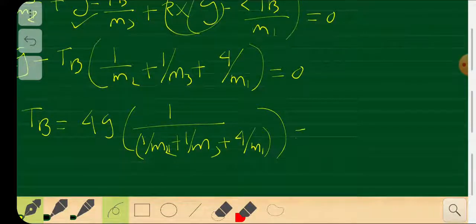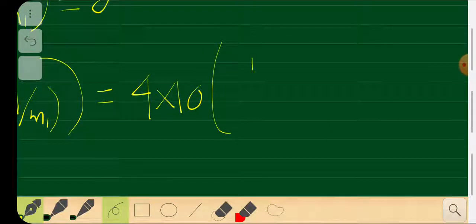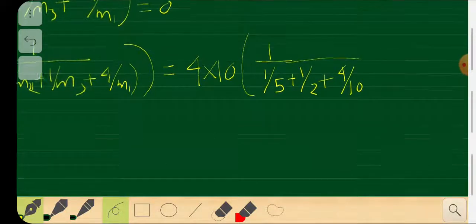So you get 4 times g, I'm going to use 10, right? 4 times 10, right, times 1 divided by 1 by 5 plus 1 by 2 plus 4 by 10, right? 4 by 10, right? So that's what we get.